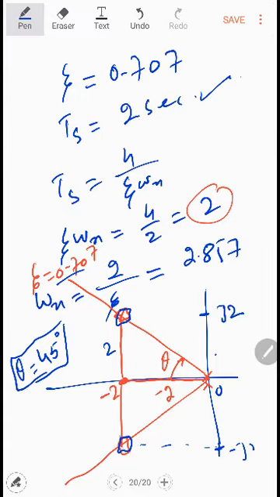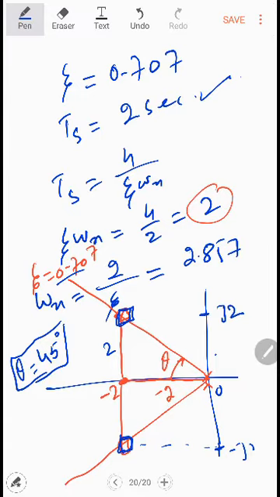Now the question is how we will achieve this. If we have to pass through this point, you see this will not automatically come toward the left hand side. This means that we are going to add something into the system which will drag the root locus from the imaginary axis toward the left half plane.